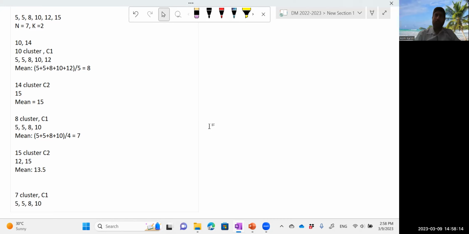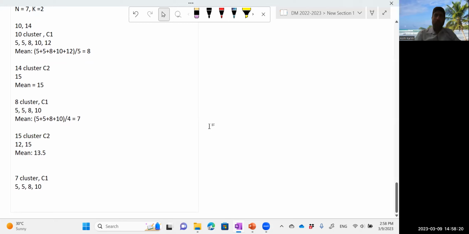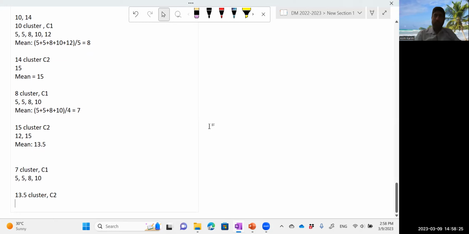Right. So now we go to the 13.5 cluster which is C2. इसमें आपके पास 12 आ गया और 15 आ गया.